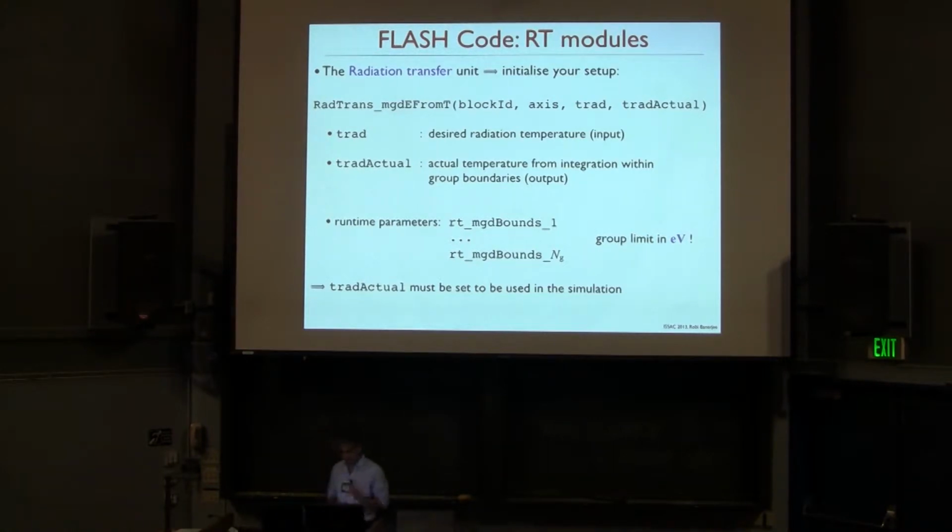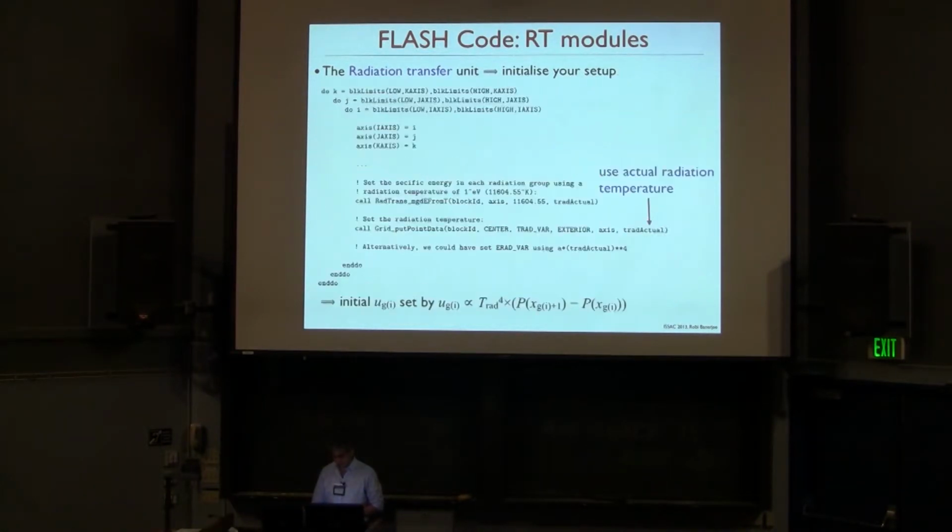You just have to be aware that the unit to be used for the group bounds is actually electron volts. And then you use this recalculated actual temperature to set the radiation temperature in your simulation.